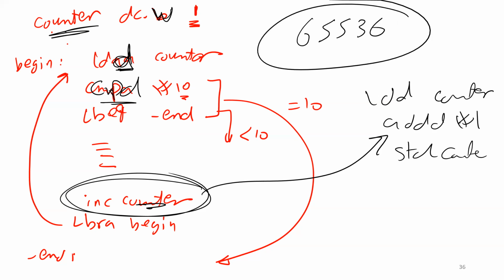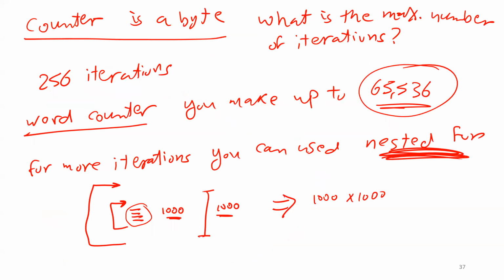I'm going to come to this point right now, okay? So now the question is, what if I want to make more than that, more than 65,536? For example, I want to make 1 billion, or 1 million. For sure, there are many ideas, but maybe the easy way is to do nested loops. That's what I'm going to experiment with now. What do I mean by nested?